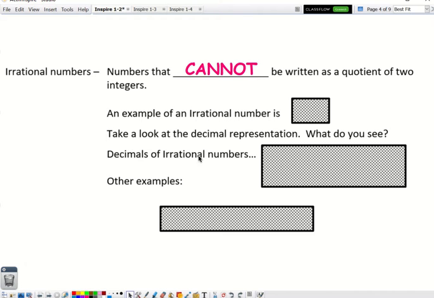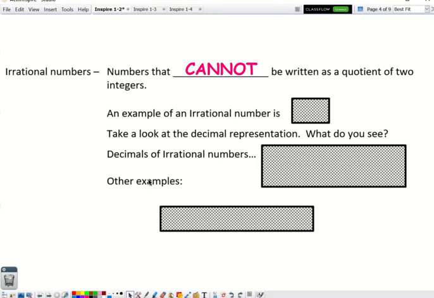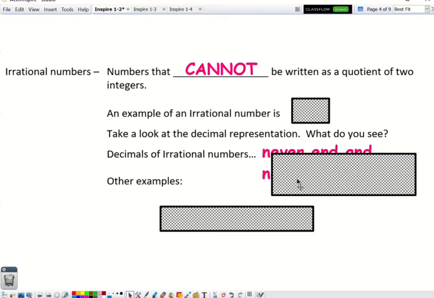The decimals of irrational numbers, again, like if these are how the decimals act with rational numbers, that means if a number is irrational, it has a decimal that would what? Wouldn't it have to go on forever and yet never repeat a pattern, almost going off forever randomly?